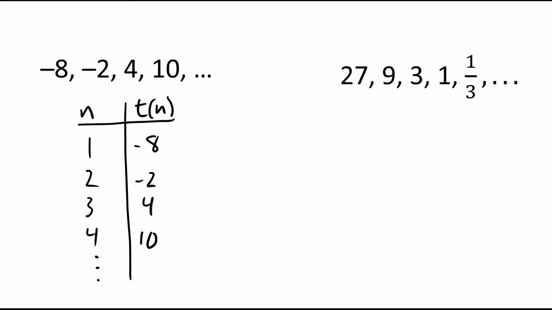And I can see in this sequence that every single time I move forward in the list, I'm adding 6. -8 plus 6 is -2. -2 plus 6 is 4. 4 plus 6 is 10. And because I see that pattern in the values in my sequence, I can extend it.